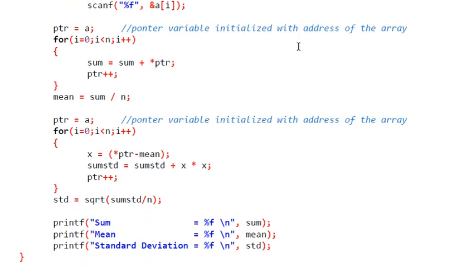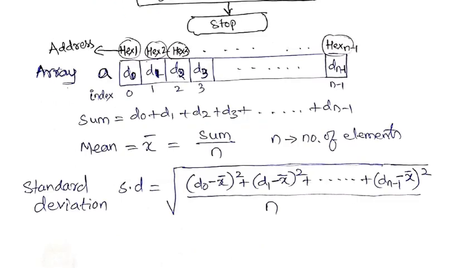Now what is the value we are going to get here? Sum std is equal to 0 plus x square, that is d0 minus mean, whole square. Then this pointer is incremented by 1, PTR is equal to PTR plus 1. So this will move the address to the next location.